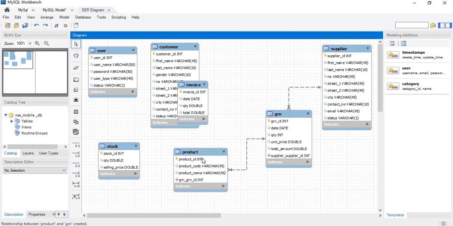Now if you take iPhone 14, the same product with different prices, it is generally calculated as two stocks. If we cheated, that's another scenario, but honestly, generally it is considered as two stocks, a new stock and an old stock. So the product is the many side and the stock is only the one side. So we will create a non-identifying relationship between product and stock, and we will move on to the next requirement.